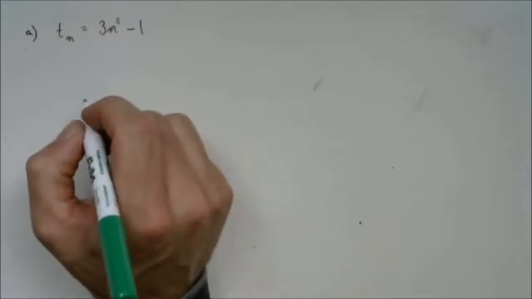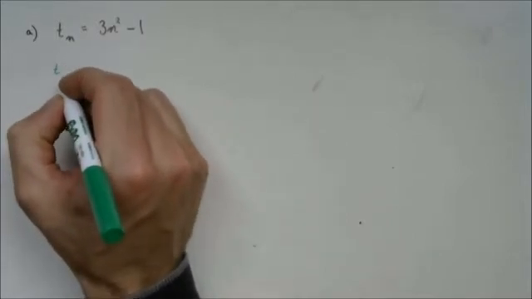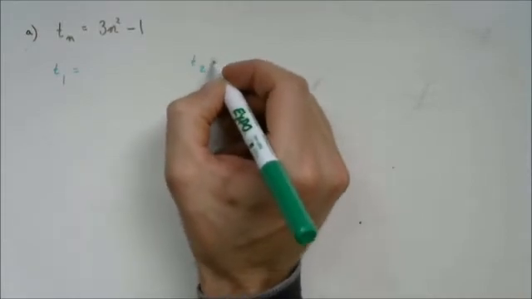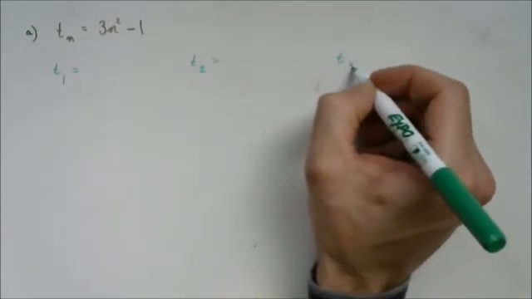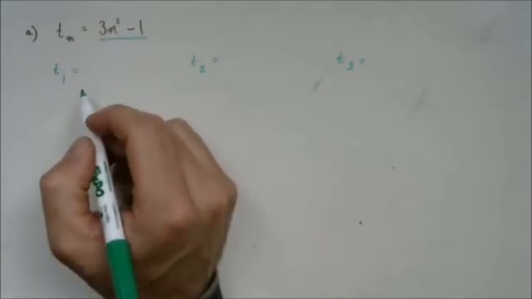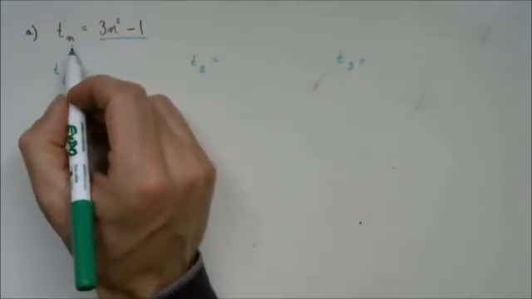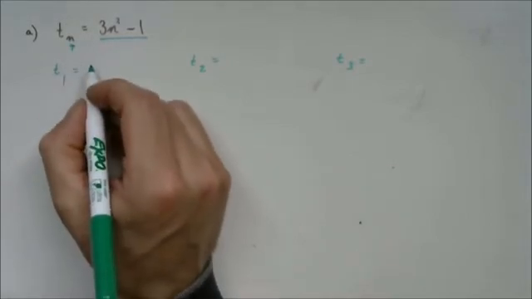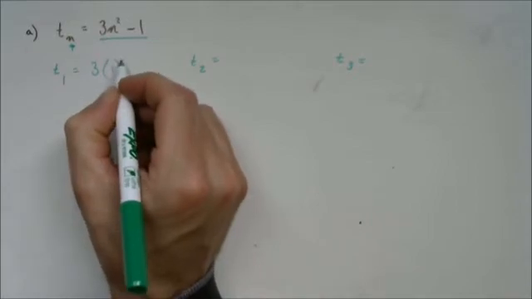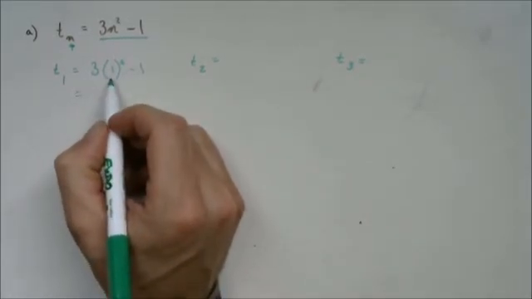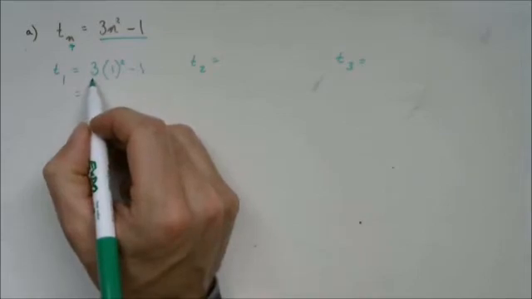We just need to figure out the value of the first term, the value of the second term and the value of the third term. And to do that, I just use this formula, and wherever there's an n, I plug in the n that I'm looking for. So here we're going to have 3 times the square of 1 minus 1. 1 squared is 1, times 3 is 3, 3 minus 1 is 2.